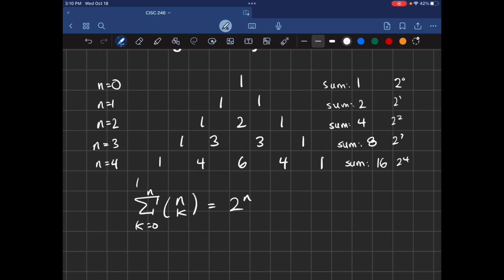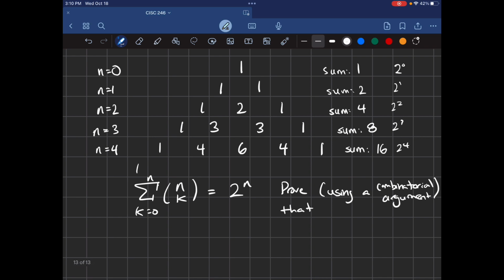And so we're going to have to prove, using a combinatorial argument, that these two very different looking mathematical objects are equal to each other. All right, so this is the identity that we want to prove.